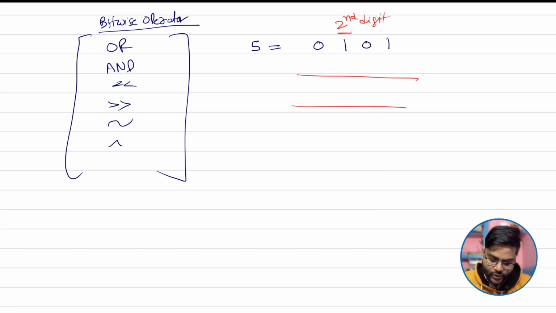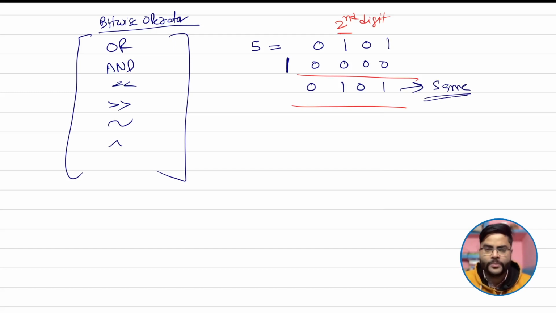Let's start with bitwise OR. This is the symbol, right? Now let's say I take 0 0 0 0 and bitwise OR it. What will happen? It will result in 0 1 0 1, the same as my original number. So it doesn't affect my answer.